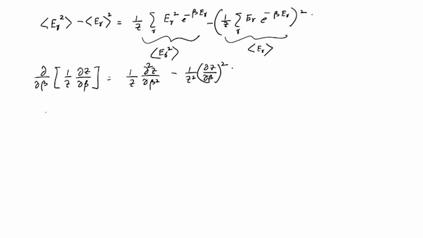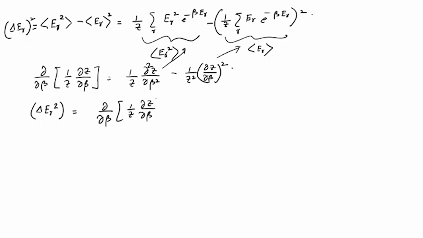So your delta E_r squared, which is this quantity, is equal to del beta of 1 by Z del Z del beta.